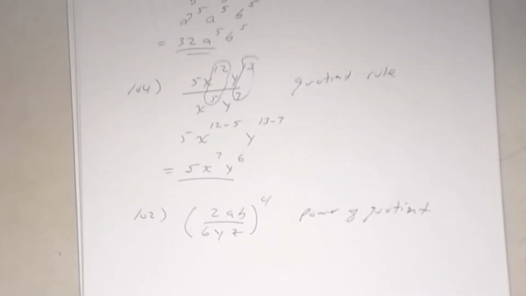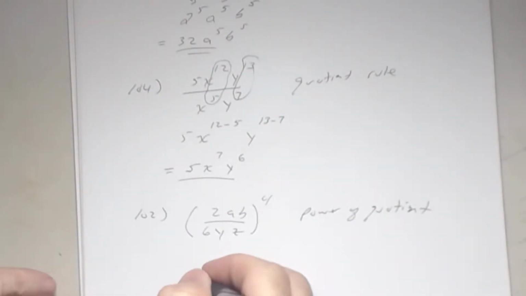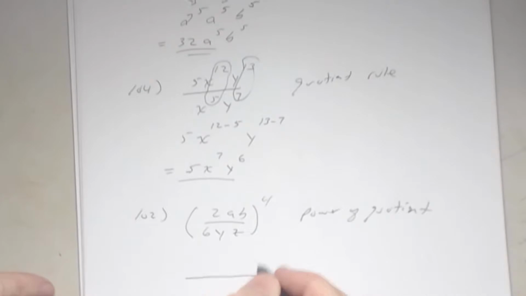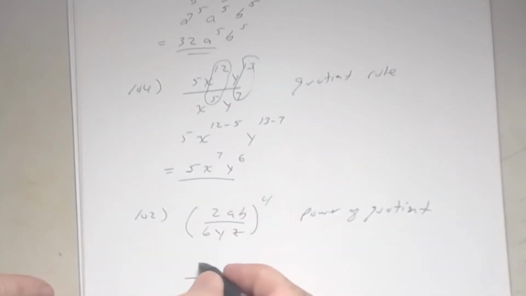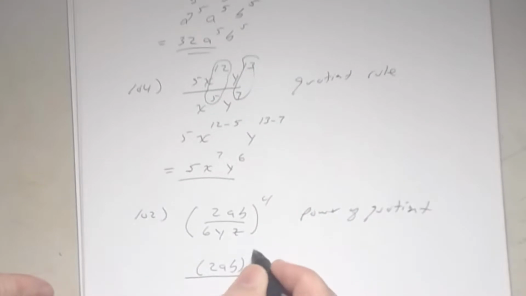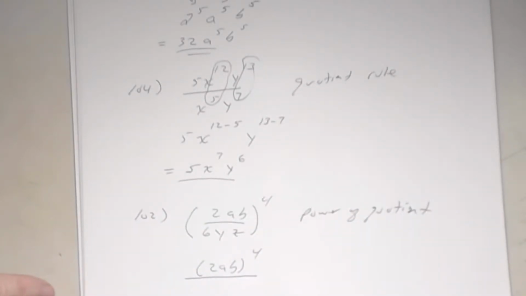All right, and remember how we did the power of a quotient. We took the numerator and raised it to that power, and we took the denominator and raised it to that power. So that's the first step.